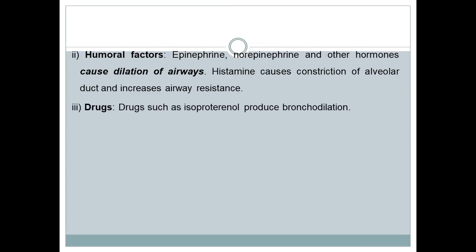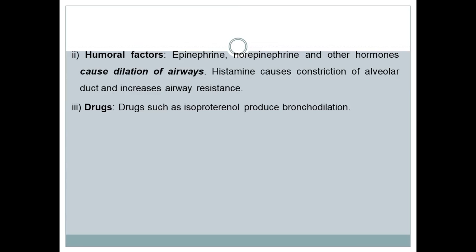Now, these important factors you are going to study in detail in second year, because this is how the bronchial smooth muscle tone is maintained. The drugs which cause constriction, you have to study. The drugs which cause bronchodilation, you have to study, but this will be considered in your second year pharmacology lectures.